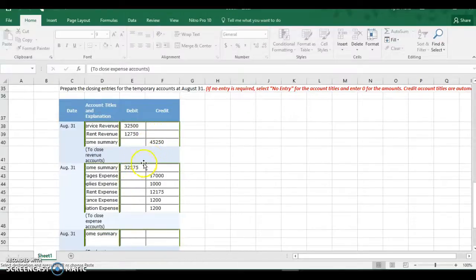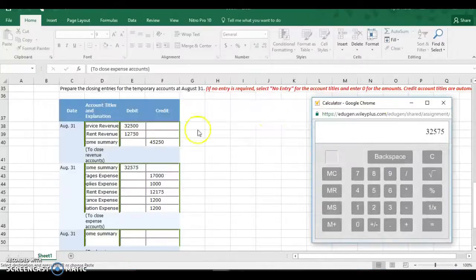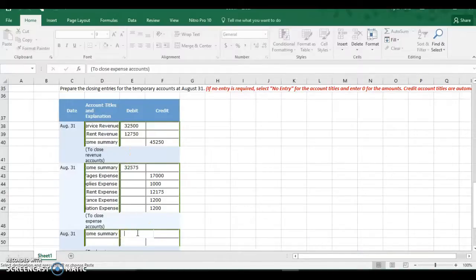So we're going to subtract 32,575 from 45,250, and that is going to give us 12,675. We're going to debit that 12,675 so we can then close out the income summary and credit it to our retained earnings. Credit it 12,675.